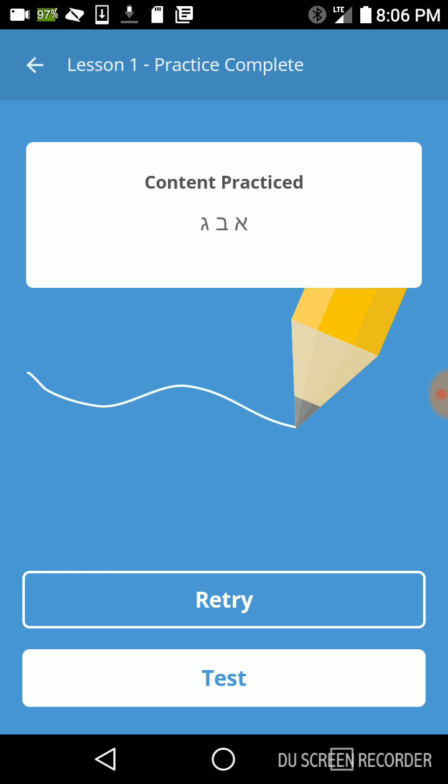Usually this is the letter that makes a masculine word plural, and a T can make a feminine word plural. All right, so let's go on here.